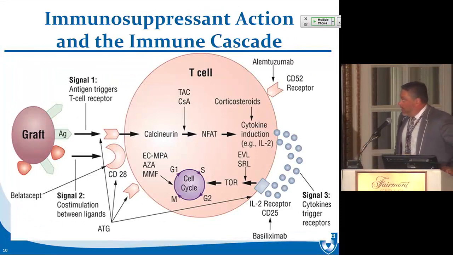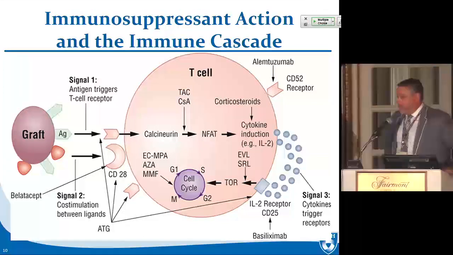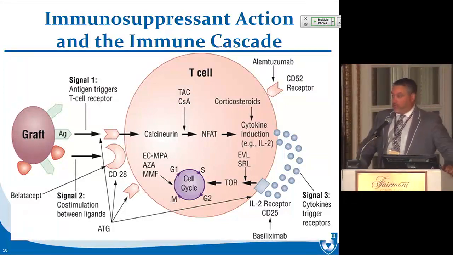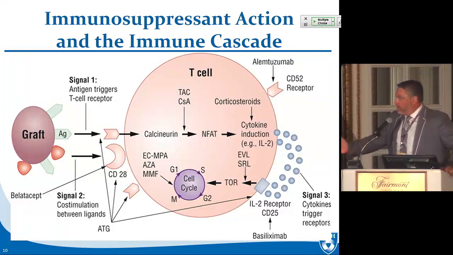I know that Dr. Ozzie showed something similar, but certainly we have meds that work all across the spectrum of the immunologic response. We have several drugs that work on cell surface markers, our antibodies like our polyclonal antibody ATG, our anti-proliferative belatacept and Basiliximab, and our depletional therapy Alemtuzumab.